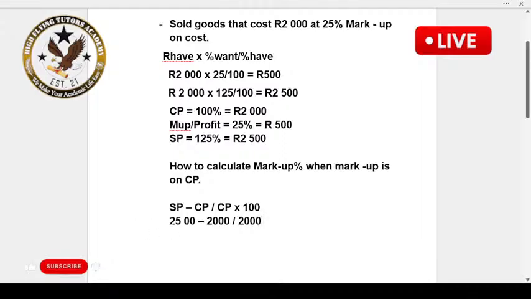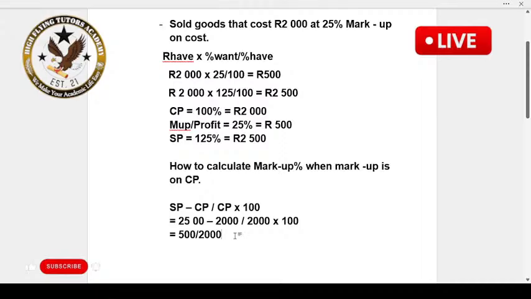So let's see. It's equal to, obviously 2,500 minus 2,000 is equal to 500, right? Divide by 2,000, and then remember you have to multiply by 100 because you need percentage.